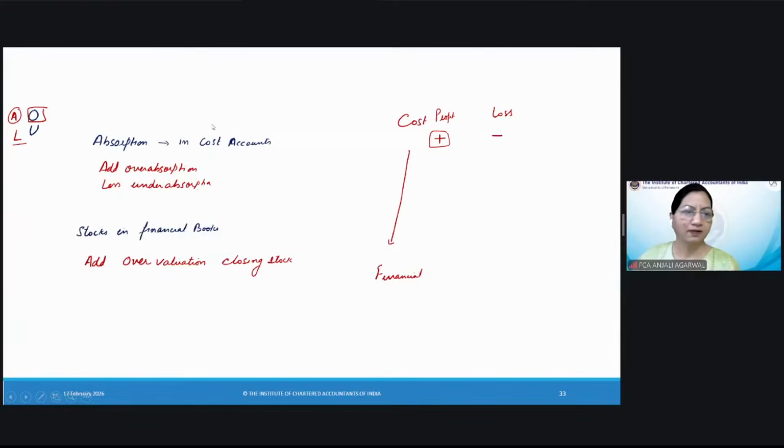Now with this only, if you are adding the overvaluation, you will subtract the undervaluation, right? You will do the opposite. If overvaluation is added, undervaluation must be subtracted of closing stock. And if closing stock overvaluation is added, opening stock's overvaluation will be subtracted.